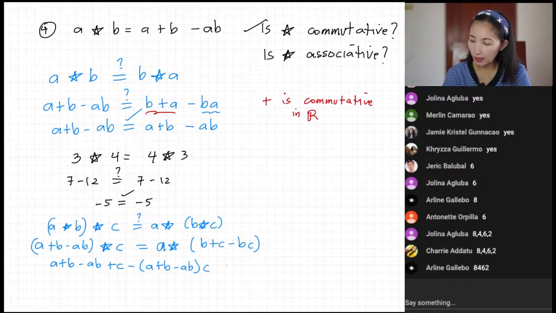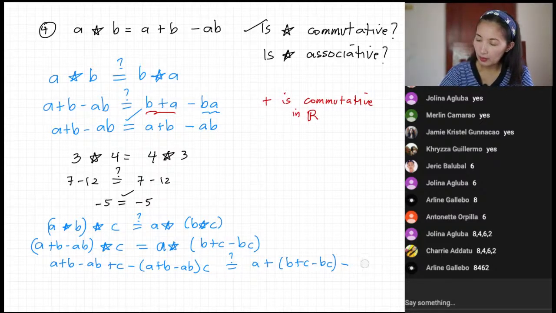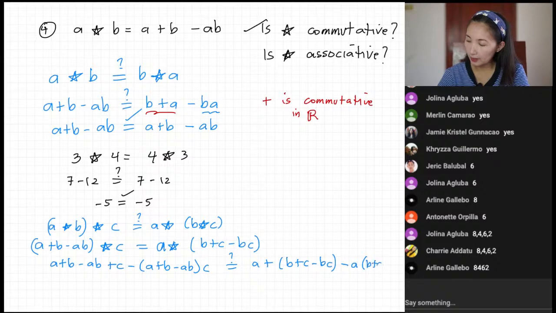Are they the same? Let's see. The sum A plus the quantity B plus C minus BC, minus A times the quantity B plus C minus BC. Wait, the space is not sufficient. Let's make it smaller. And see whether the left and the right side will be equal.